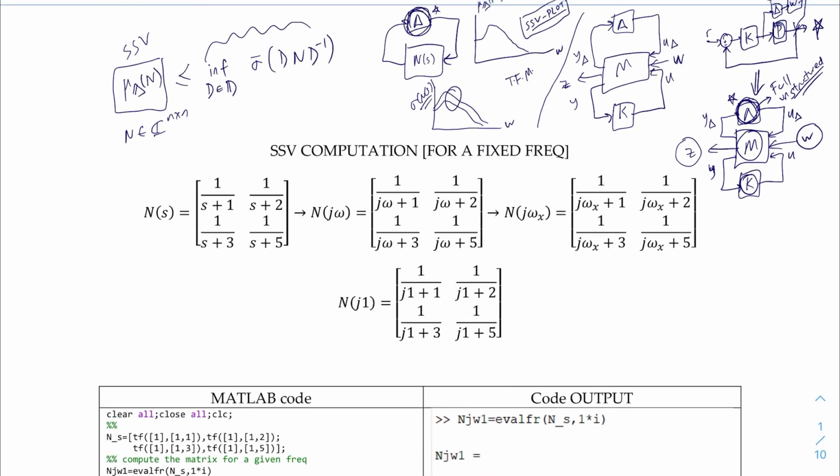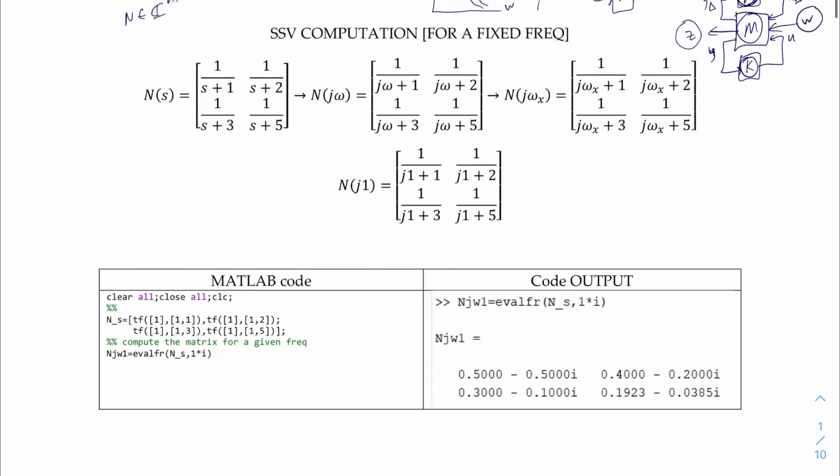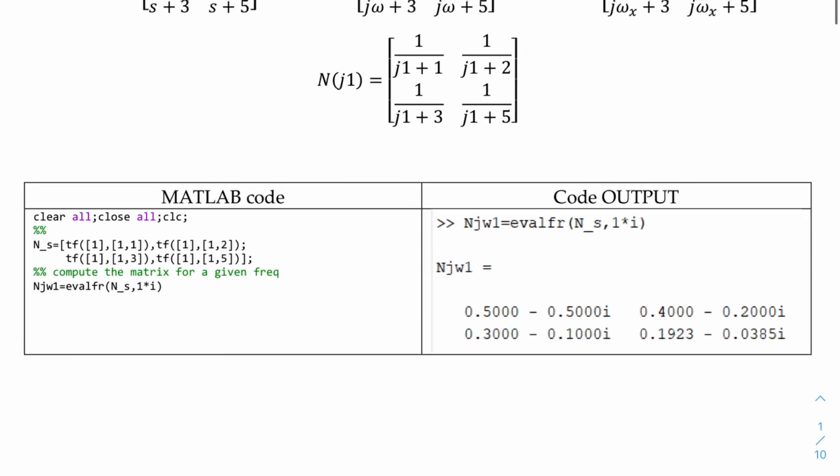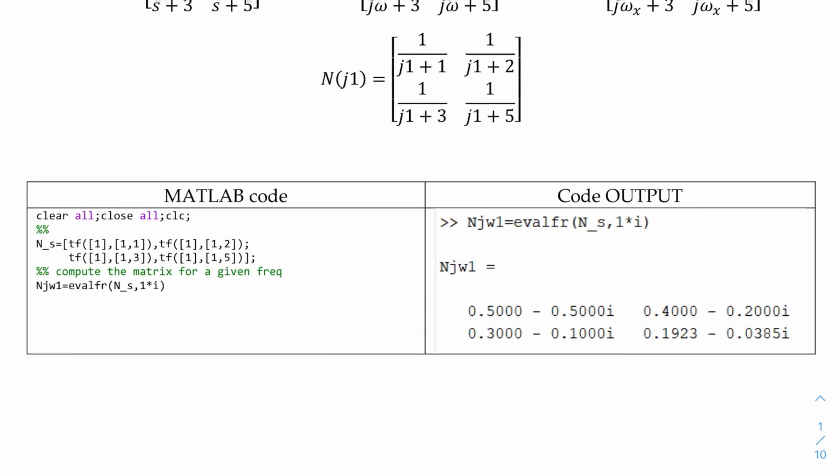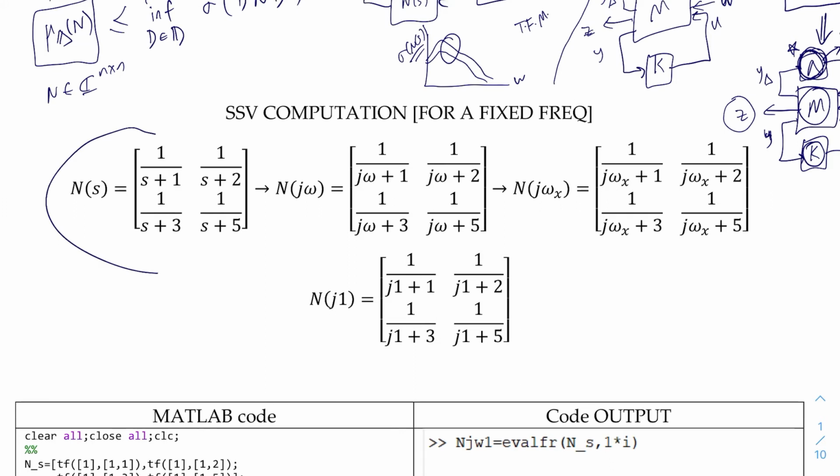We are looking at this, and for example, this is n of s, and we just substituted s with j omega.